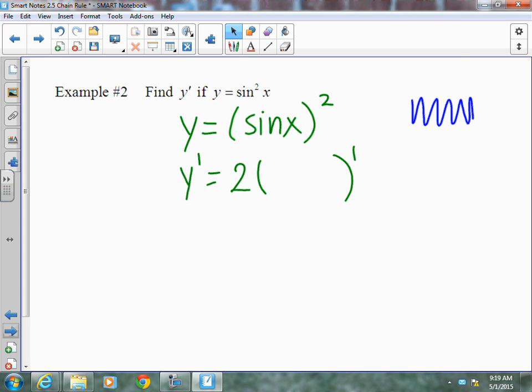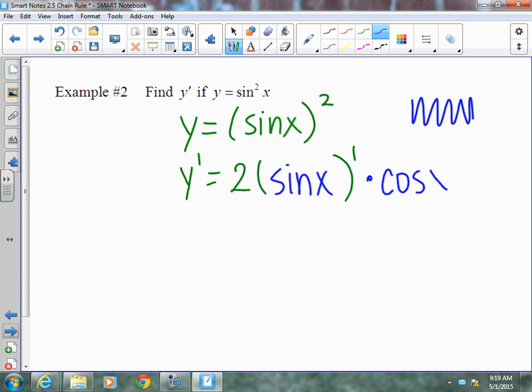What was in there? A sine. So I'm going to put a sine back in. The inside doesn't change. But then I have to multiply by the derivative of the inside, and the derivative of sine is cosine. We end up with a y prime that is 2 sine x cosine x.